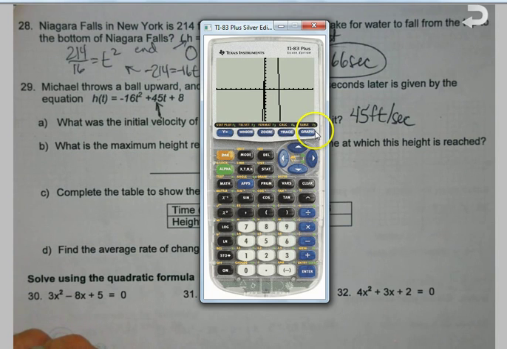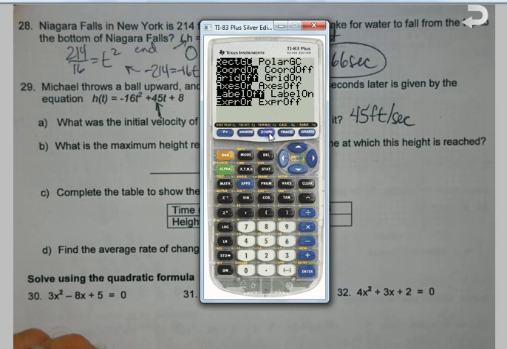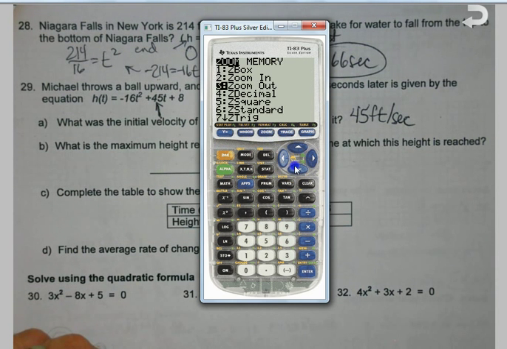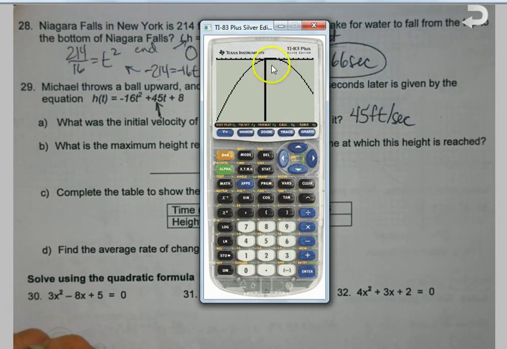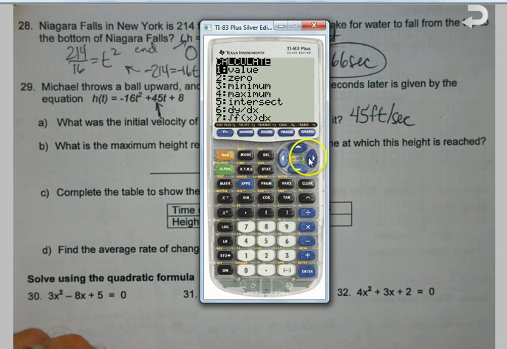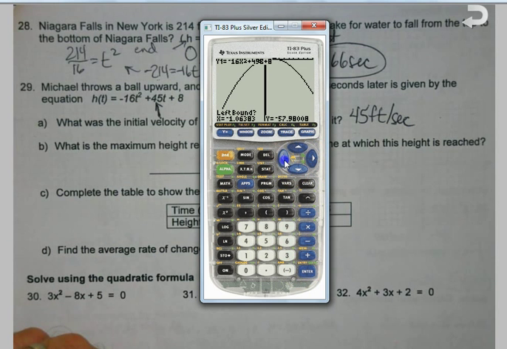So I look and it says, okay, what's the maximum height? You're like, I can't see it. That's okay. We've got this. Oops, we want zoom. Remember, we're going to zoom to fit so I can see it. And then I'm going to go find me that max. And again, anywhere to the left of my vertex, that's fine. It'll be here. And this time my vertex is going to be my maximum.